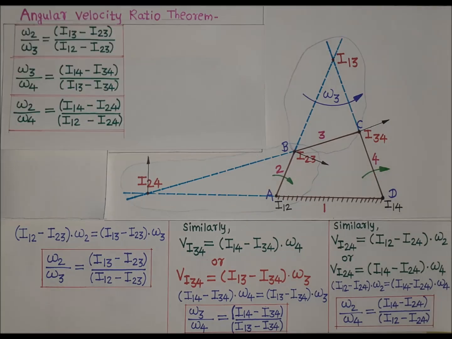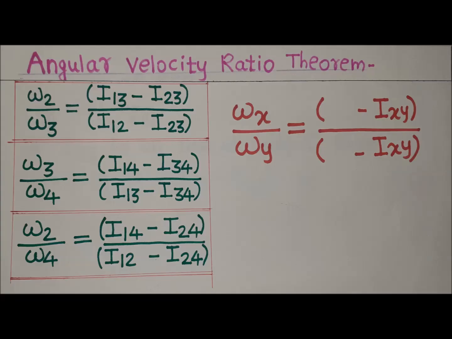Hence, we are having relations for angular velocities of different links. Omega 2 upon omega 3 is equal to I13 I23 divided by I12 I23. Omega 3 upon omega 4 is equal to I14 I34 divided by I13 I34, and omega 2 upon omega 4 is equal to I14 I24 divided by I12 I24. By observing these relations, we will come to know that there is a typical pattern for it.